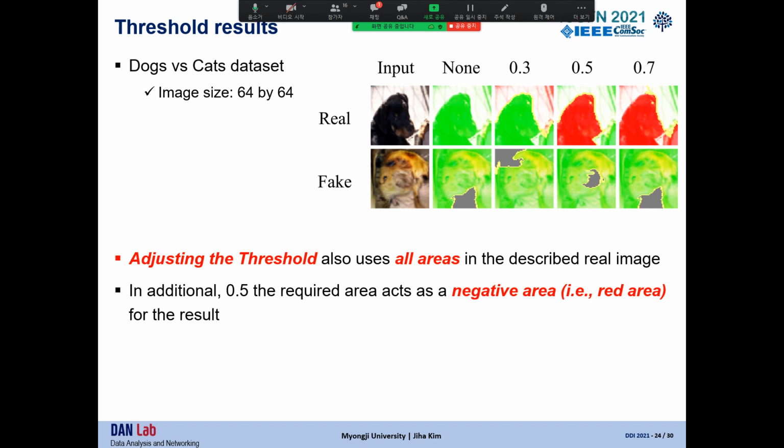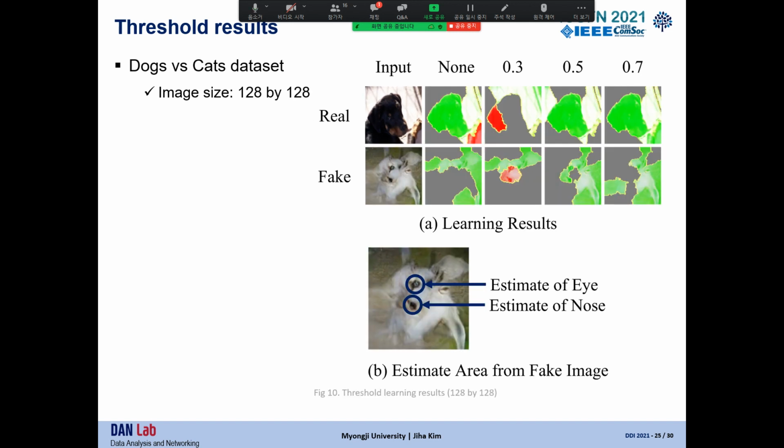However, when the threshold is 0.5, we can see that the area we need becomes the negative area. This figure illustrates the discriminator according to the threshold. In A, we see that the explained area varies depending on the threshold. B shows that the estimated area is best reflected when the threshold is 0.5.